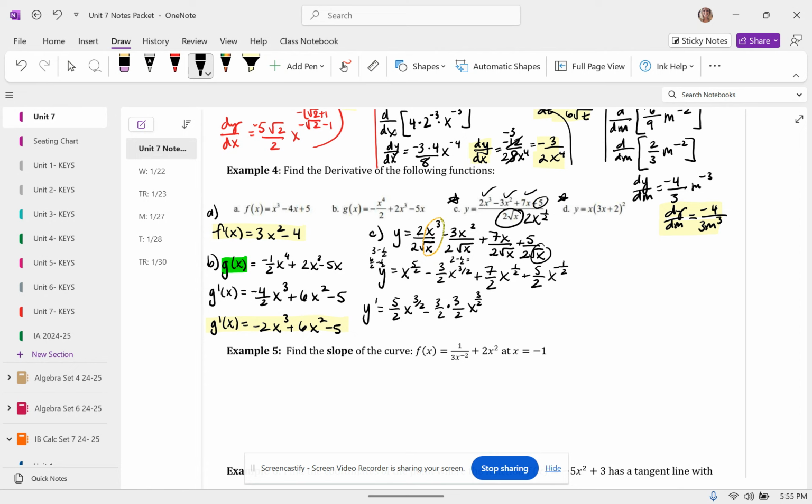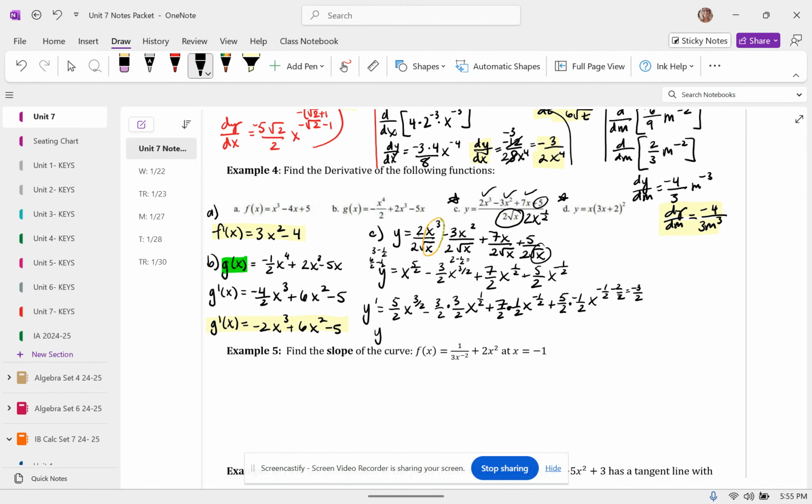Minus 1/2, or minus 2 over 2 would give me 1/2. Okay, I'm going to have 7 over 2 times 1/2 x to the 1/2 minus 2 over 2 gives me negative 1/2, plus 5 over 2 times negative 1/2 x to the negative 1/2 minus 2 over 2 equals negative 3 over 2.